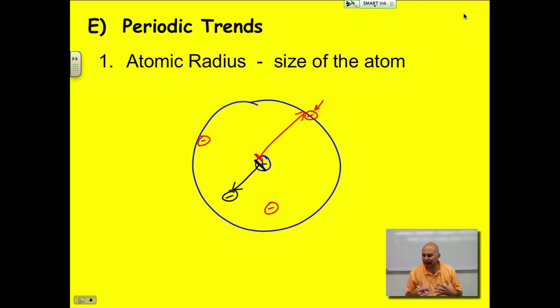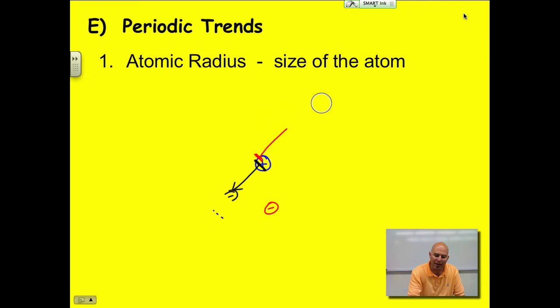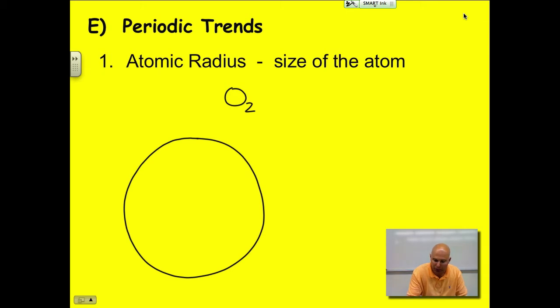So what scientists do is they figure out what the distance between two nuclei is in a compound, and then they can figure out what the radius is. Let me show you what I mean by that. Let's say we have oxygen. Oxygen is O2. So we would have one oxygen atom and another oxygen atom.